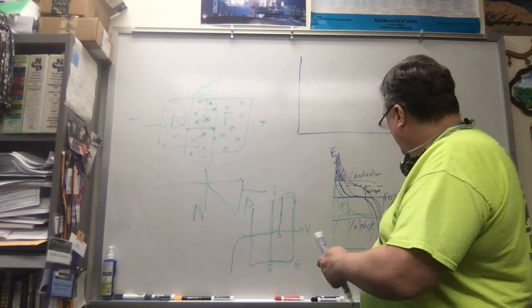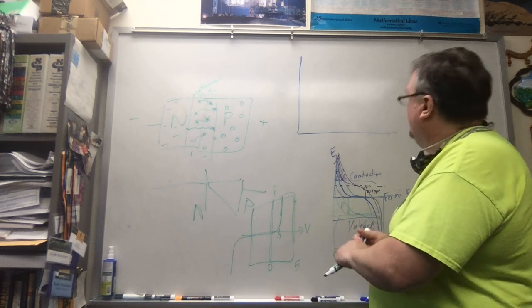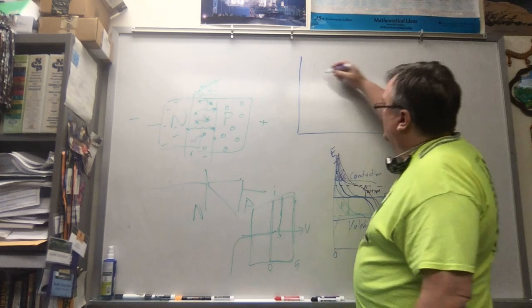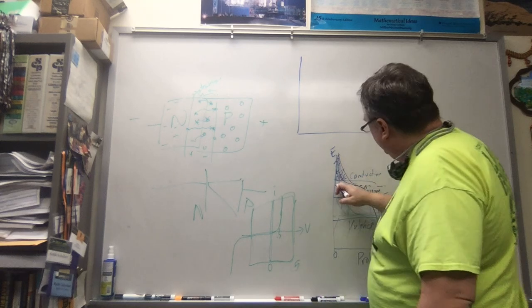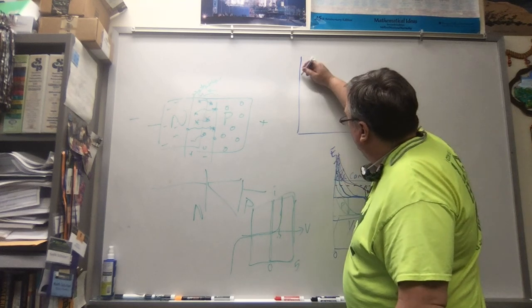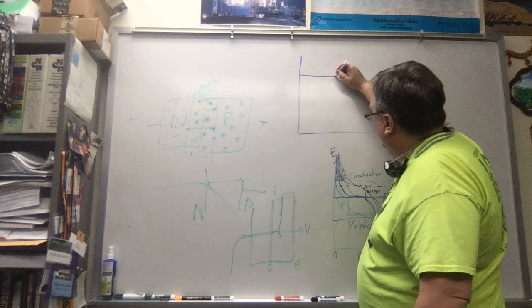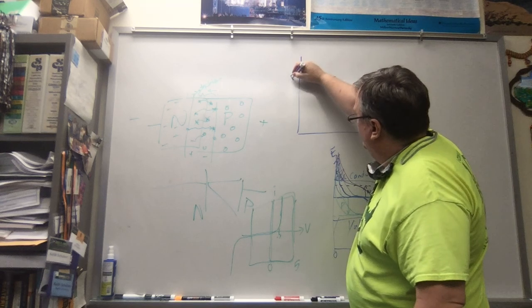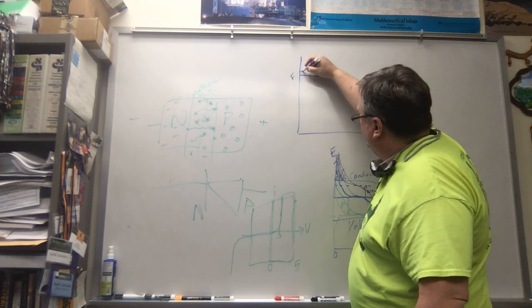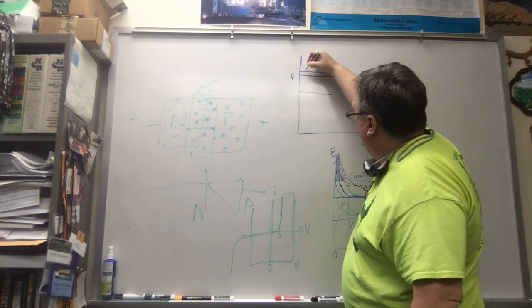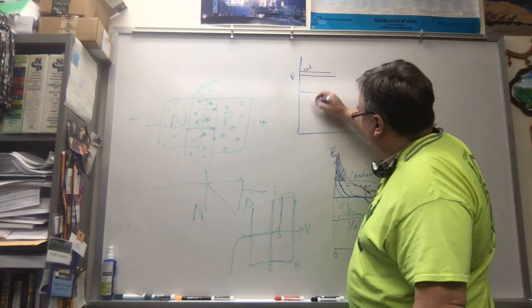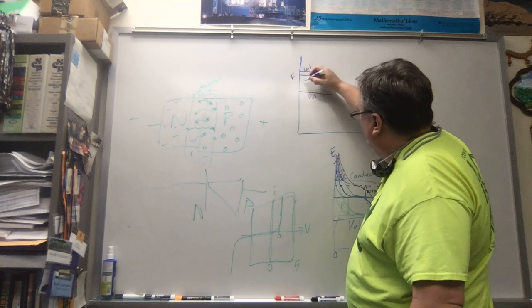My N material I did in purple. That's probably bad. I probably should have done P in purple, but oh well. They're going to match, like I said, on the Fermis. So the N type, remember, it's up here. That's my Fermi level. My conduction is really close to it, and my valence is way down here.